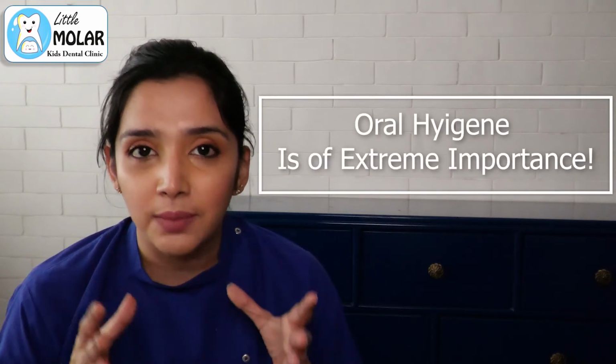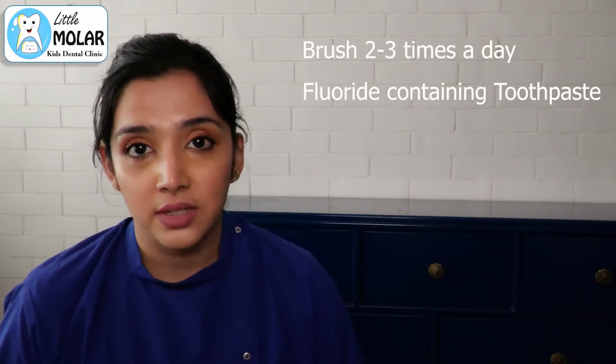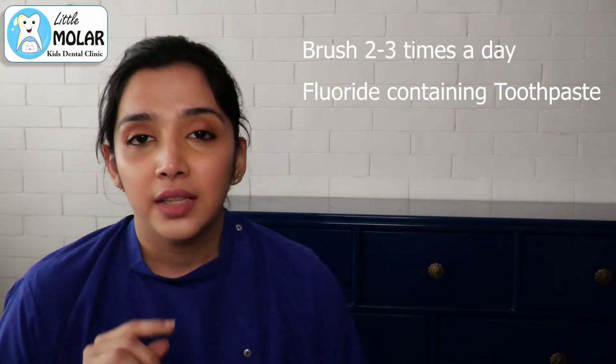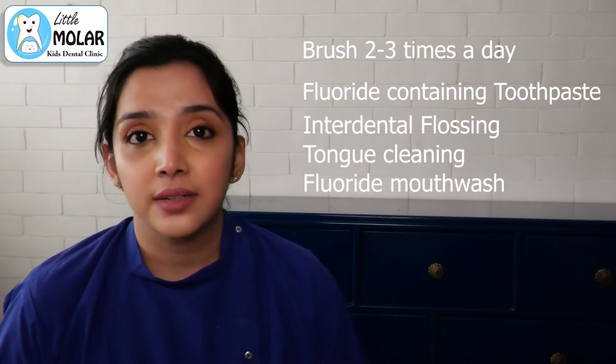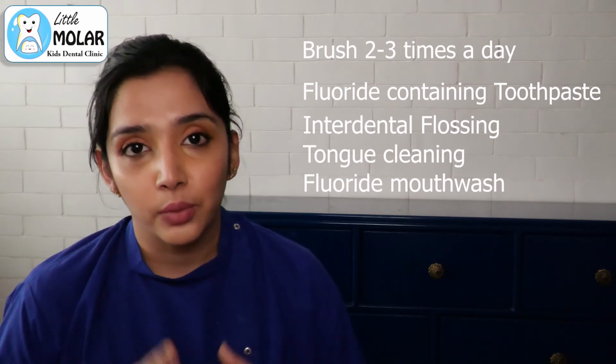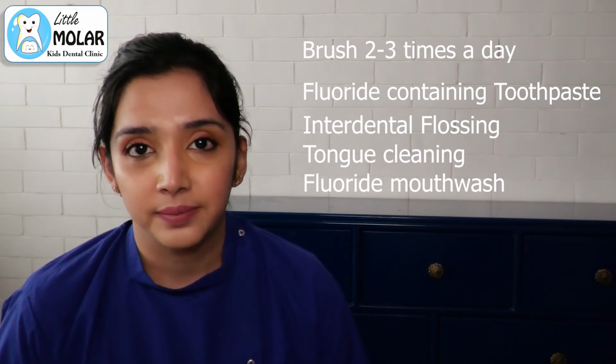The second and the most critical method of combating MIH related problems is to keep those teeth clean. So ideally brush twice or three times a day with a fluoridated toothpaste which has at least 1000 ppm of fluoride. Then interdental flossing is a must, tongue cleaning is a must, and I would personally recommend to use a fluoride mouthwash as well.